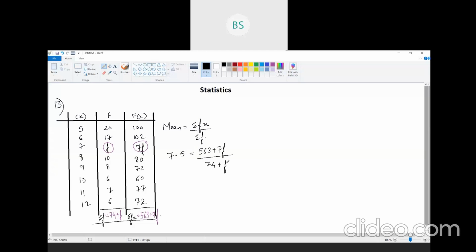Now we have to rearrange this and find the f value. Shifting the denominator to the left hand side, we get 7.5 into 74 plus f is equal to 563 plus 7f. So we simplify this.